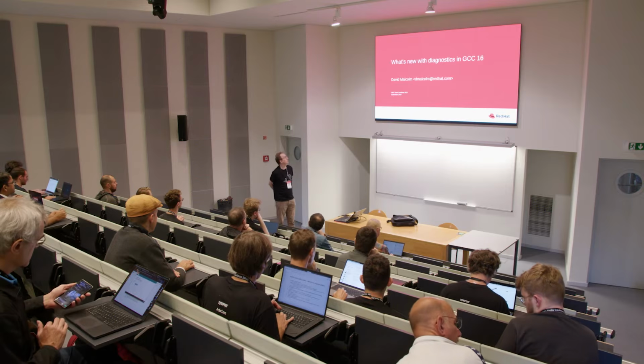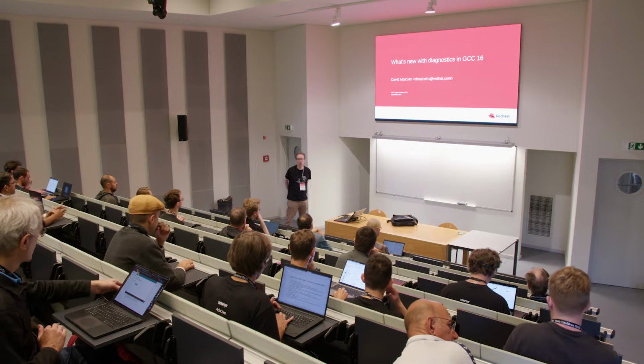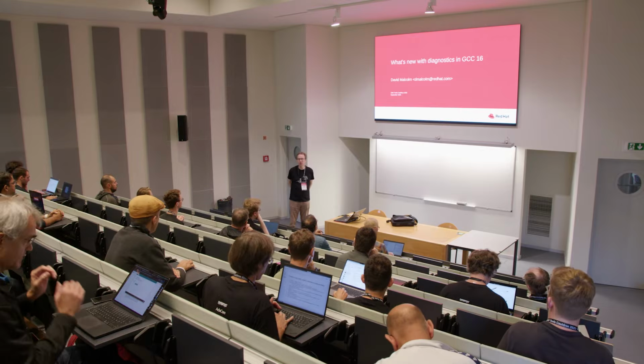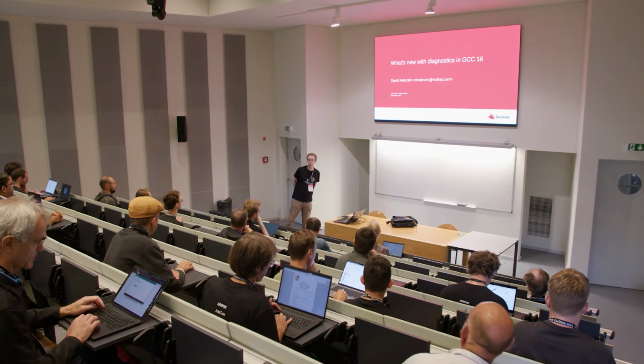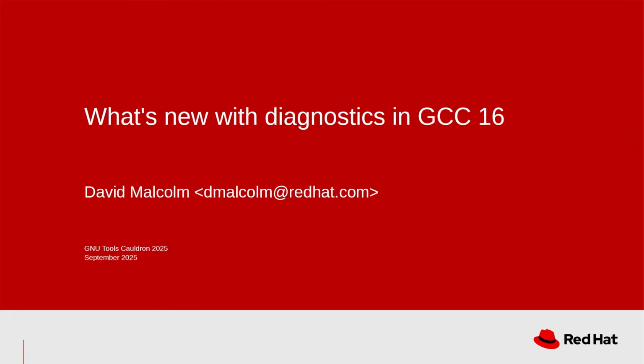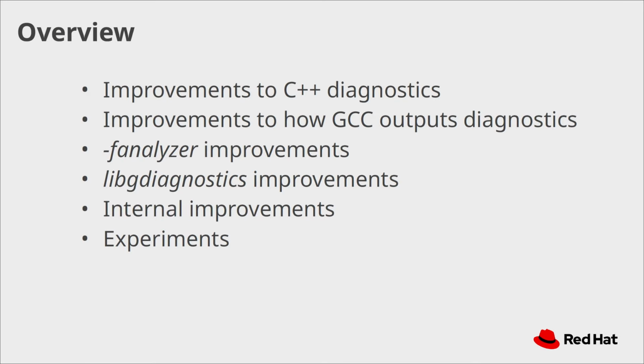My name's David Malcolm. I work at Red Hat on GCC, focusing on diagnostics, user experience, and static analysis. I'm going to be talking in this session about what's new in those areas in the upcoming GCC 16 release. Talk about improvements being made to C++ diagnostics, especially template errors.